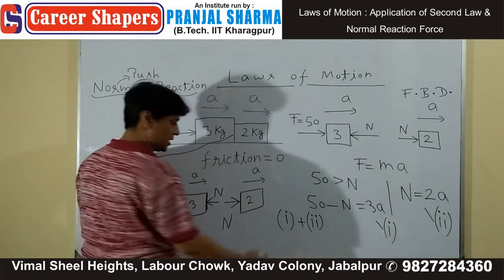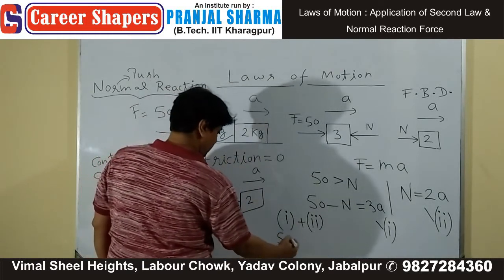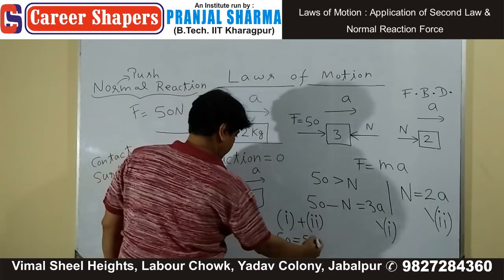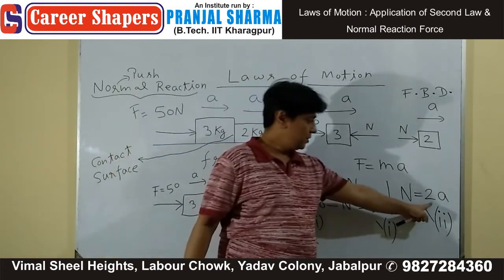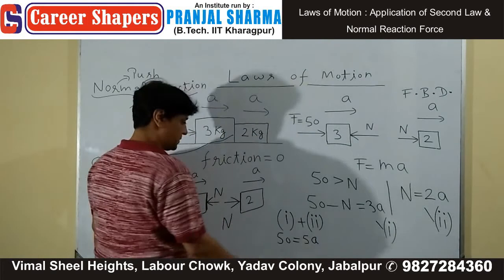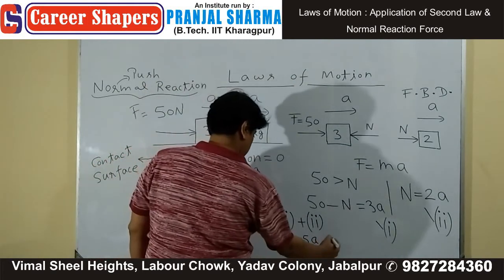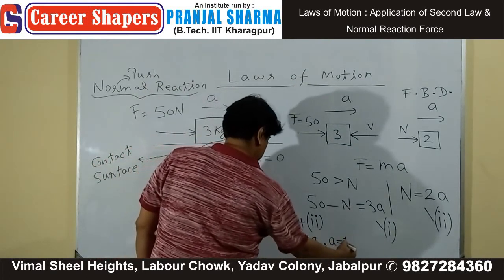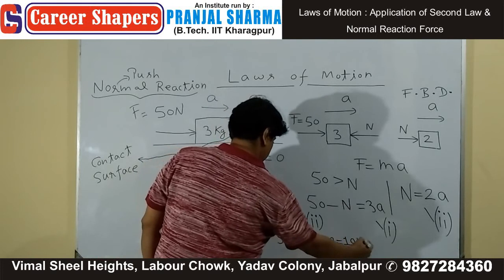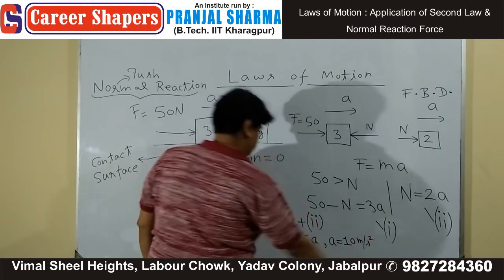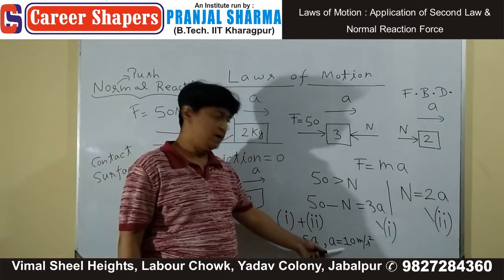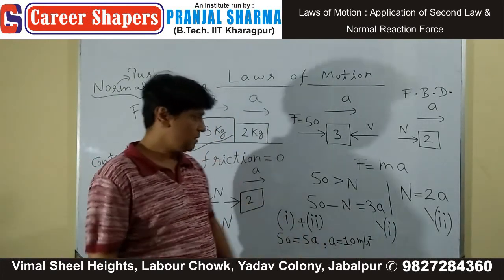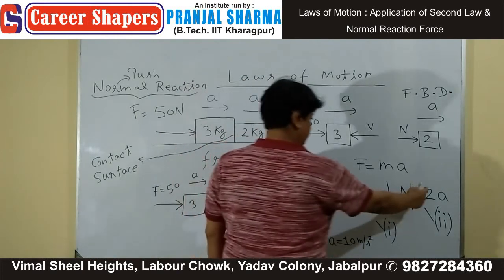Simple calculation भाई, ये आ गया तुम्हारा 50 equals to 5a. 3a plus 2a is 5a, and this gives us a as 10 meters per second square.